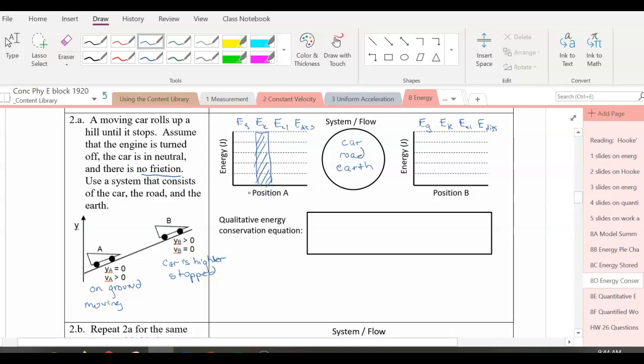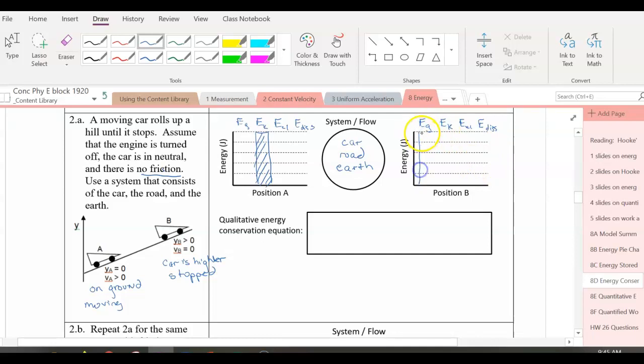And then at the end, at position B, the car has rolled up a hill, so it definitely has gravitational potential energy now because it is at a much higher position above the ground. And it stopped, so there is no more kinetic energy. And there was no friction, so there's no dissipated energy.